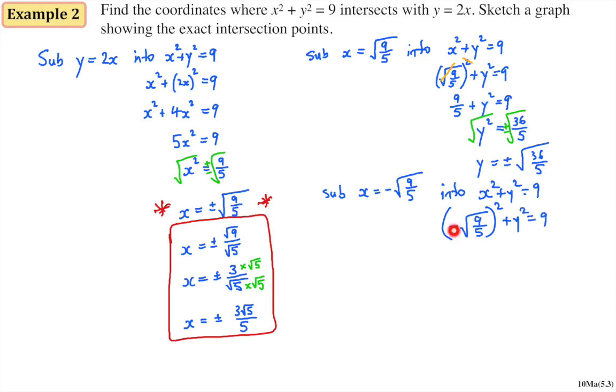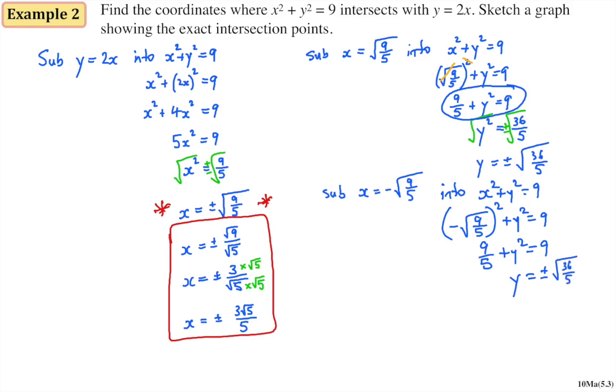Now what happens to that minus when you square it? Minus times a minus gives a plus. The square root and the squared cancel. You're left with 9 over 5 plus y squared equals 9, which is the same as what I had there. So you're going to get the exact same answer of plus or minus the square root of 36 over 5.